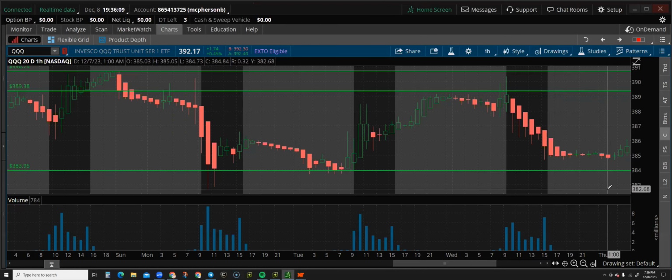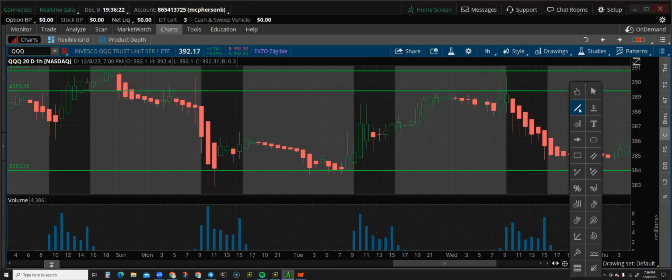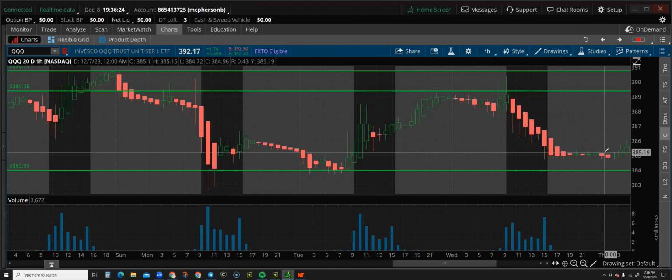Individual candlestick pattern. Doji, spinning top. Identify the doji by putting a what? Wrap him up. There you go. Try it.